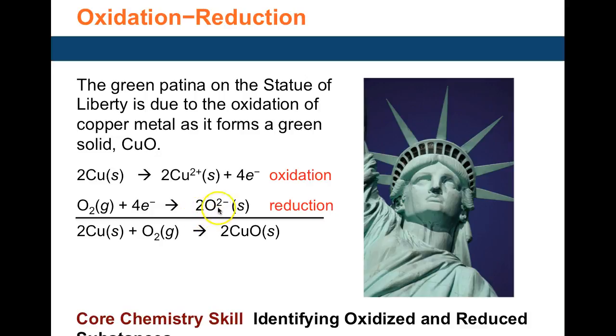And so 2 times 2, that's a total of -4. So the 4 electrons get cancelled out, and when these copper ions and oxide ions come together, they form the neutral compound copper(II) oxide, right? So that's the final balanced equation.